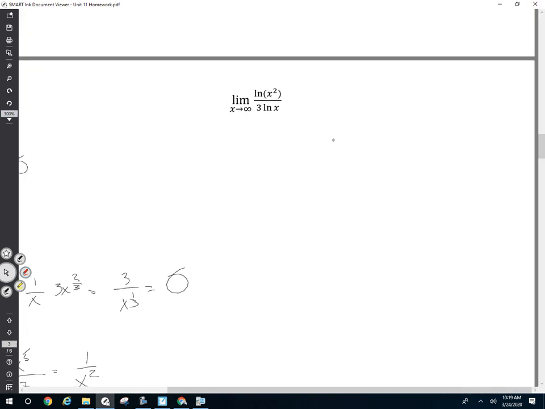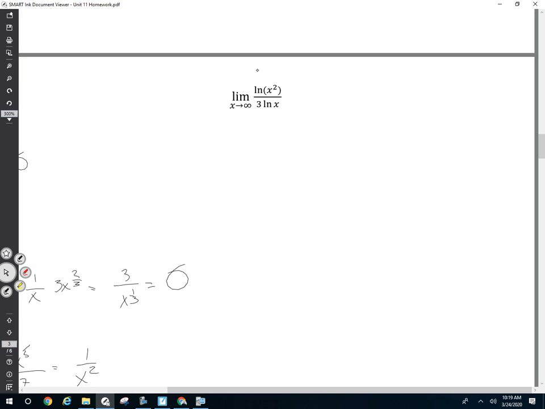This is great though. Comparing logs, like log of x squared, is that growing the same as the log of x? Is it growing differently? If I had like, maybe it's like same growth over same growth. Maybe you think that the growths cancel and you have 1/3 as the answer. This is where L'Hopital's rule actually really helps with log functions. So if I plug infinity, I see I get infinity over infinity. I'm going to use L'Hopital's rule.